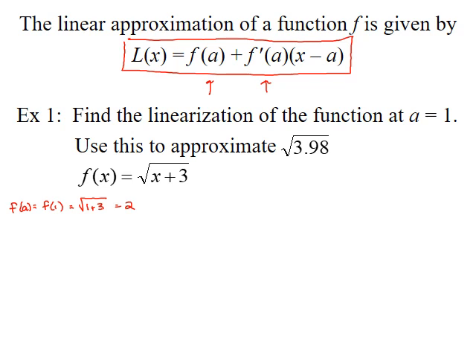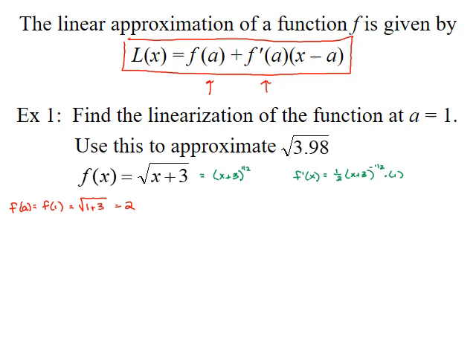Then I've got to find the derivative of this and plug the same number in. This would be x plus 3 raised to the 1/2 if I were to rewrite it. So over here on the right, I'll find the derivative. f prime of x, that's going to be chain rule, would be 1/2 times x plus 3 raised to the negative 1/2, technically times a 1.